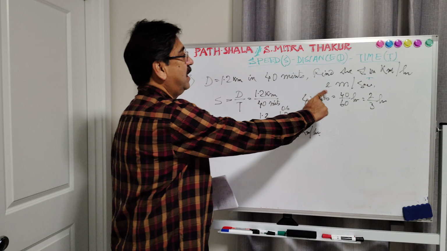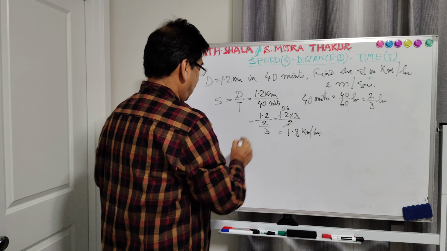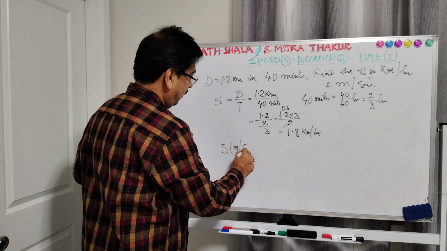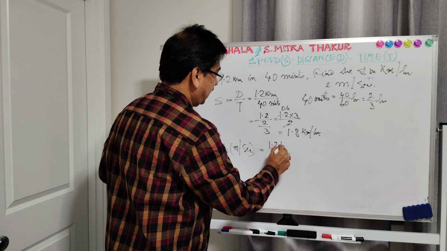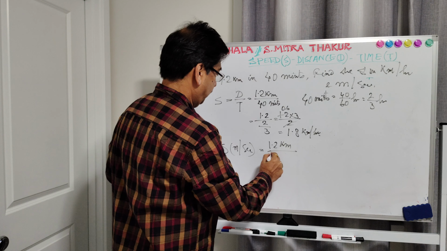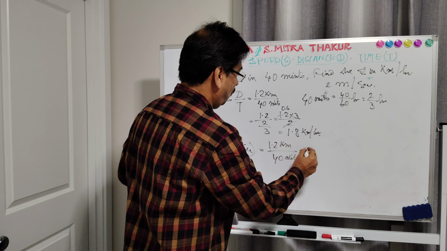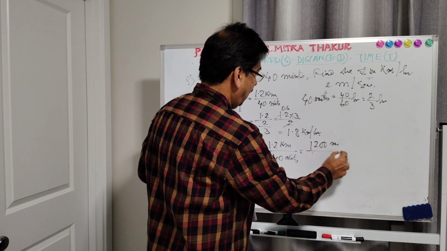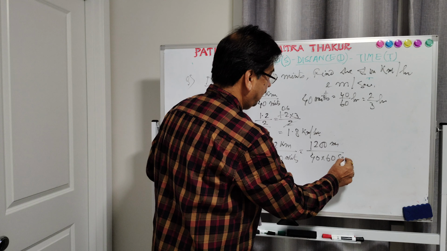Next, the speed should be expressed in meter per second. Now speed in meter per second, I have to calculate. So here it is 1.2 kilometer distance in 40 minutes. So 1.2 kilometer means 1200 meter, and 40 minutes means 40 into 60 second.